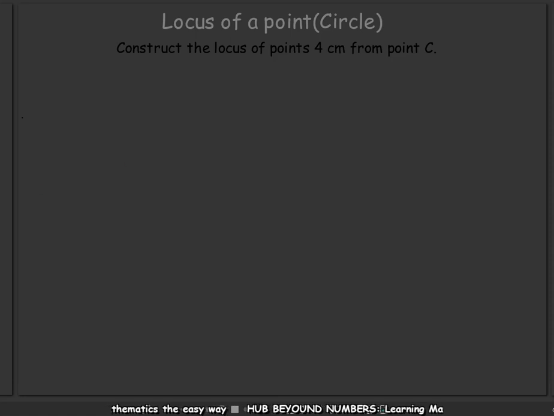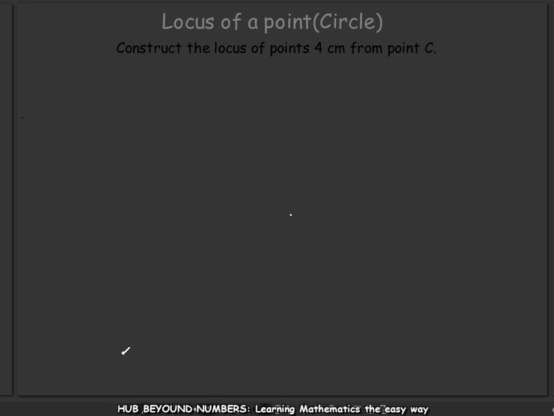The first locus we'll be constructing is that of a circle. The circle is a locus of a point equidistant from a fixed point. That simply means we are going to have a fixed point somewhere, so this here is my fixed point.